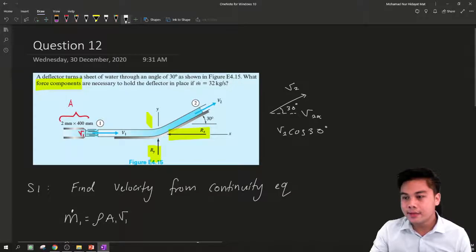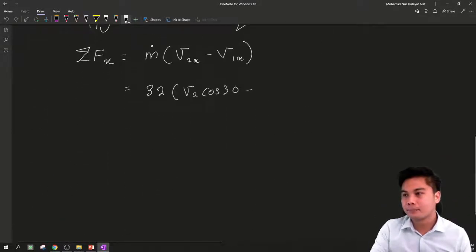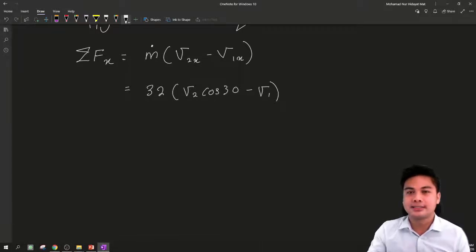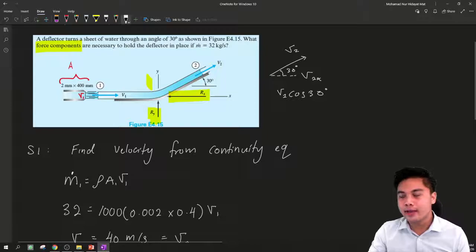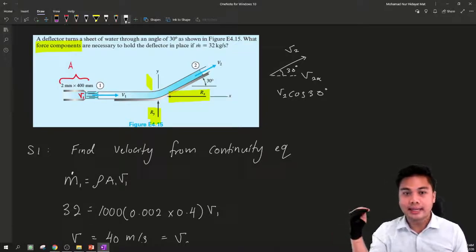You can see V1 has only an x component, so we can replace V1x with V1. And the summation of force in the x component: do we have any force in the x component? Yes, we only have the reaction force, Rx, pointing to the left.